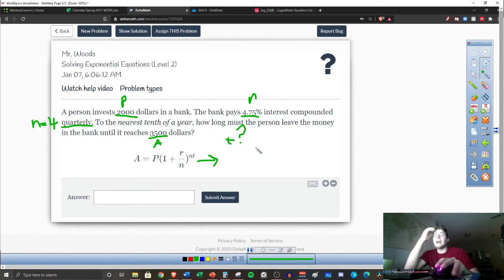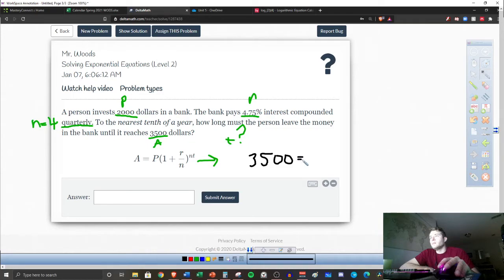And I think last unit with these exponentials, I had somebody ask, well, how do we solve for that exponent? But now we have the tool to do it. So let's go ahead and set it up. You want there to be 3,500. This is A, the amount after a certain amount of time, 3,500. You start with the principal P, $2,000.